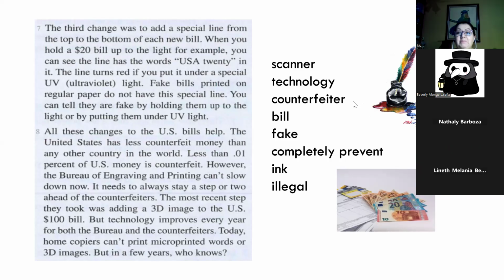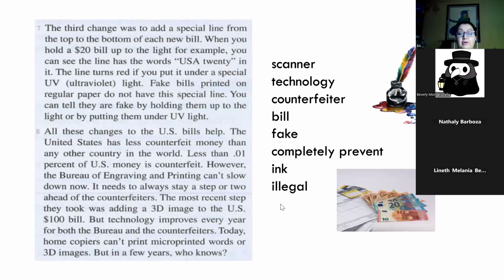Bill. Billete. Fake. Falso. Completely prevent. Completamente prevenido. Prevenir, ajá. Recuerda que pero en inglés, en español le damos vuelta. Entonces, prevenir en su totalidad, ¿verdad? Ink, tinta. Illegal.